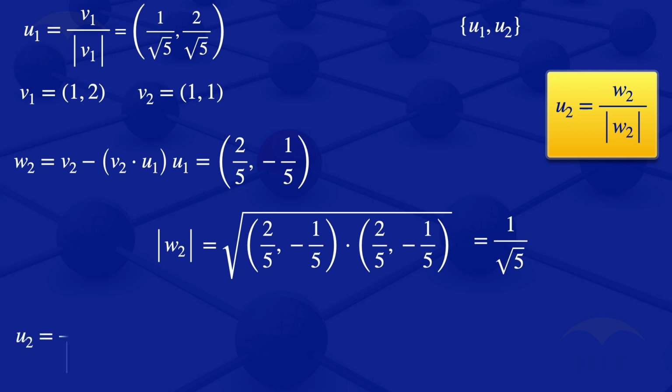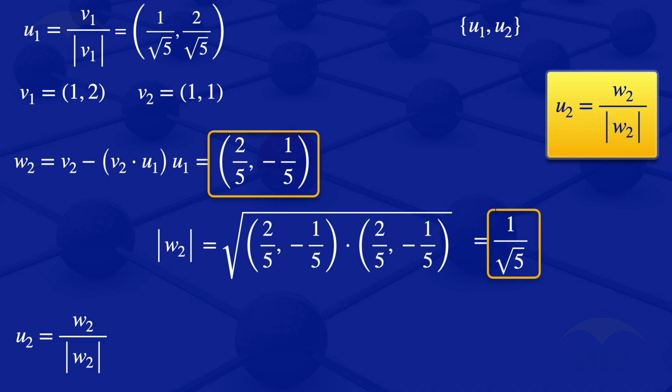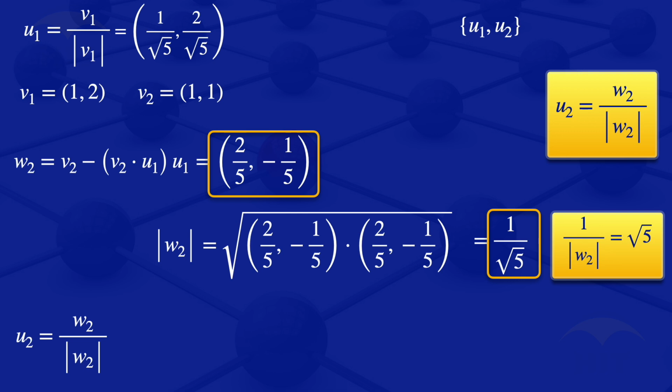Our U2 is W2 divided by the norm of W2. Our W2 is this one here, and the norm of W2 is 1 divided by square root of 5. But in the formula for U2, we are dividing by the norm of W2. So when we divide by the norm of W2, we have square root of 5, since the norm is 1 over square root of 5.